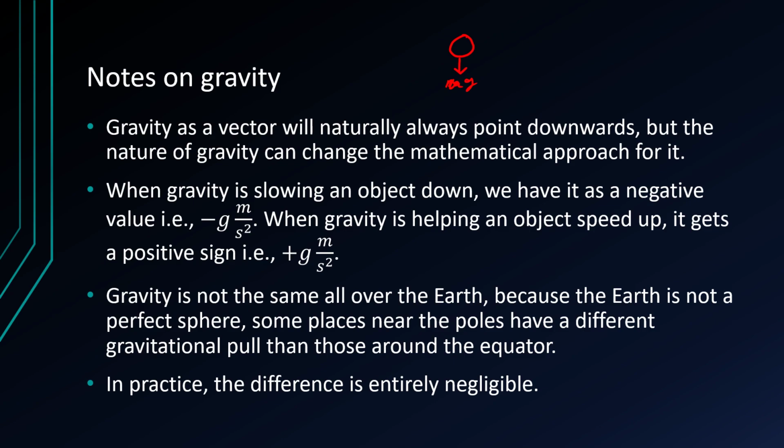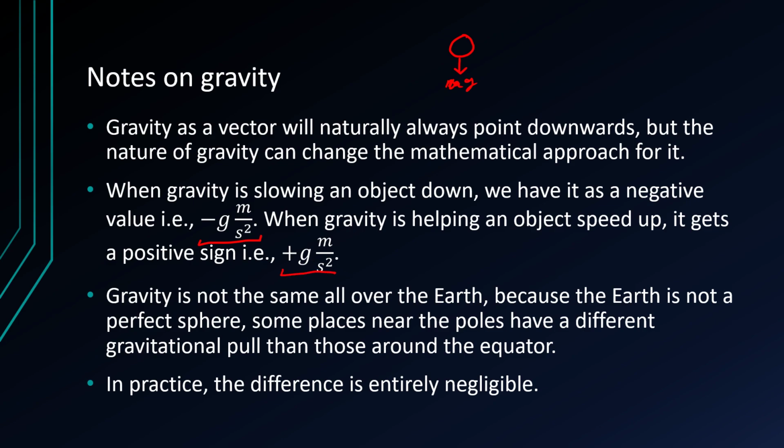Depending on if the object is going up or down, the value and sign for g will be different. So when it's slowing an object down, it will naturally be decelerating, so that's minus g meters per second squared. And if gravity is helping an object speed up, it will be positive g meters per second squared.